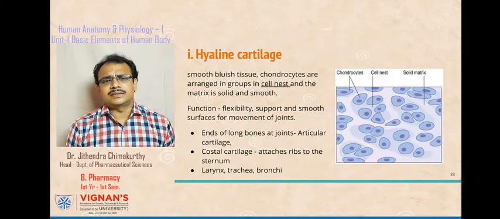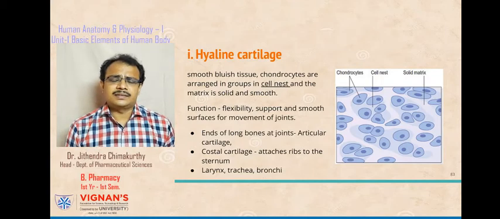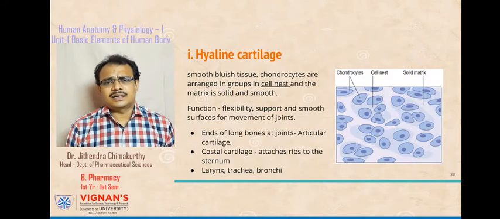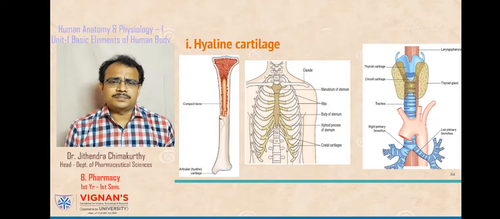Hyaline cartilage is a smooth bluish tissue which consists of chondrocytes arranged in groups, and these are called cell nests, and these are present within the collagen fibers. Hyaline cartilage is denser and gives slight flexibility.